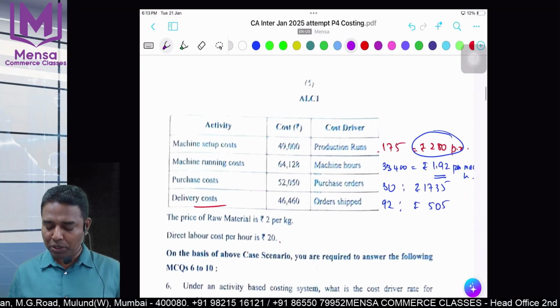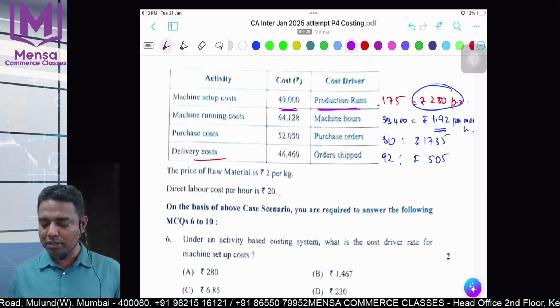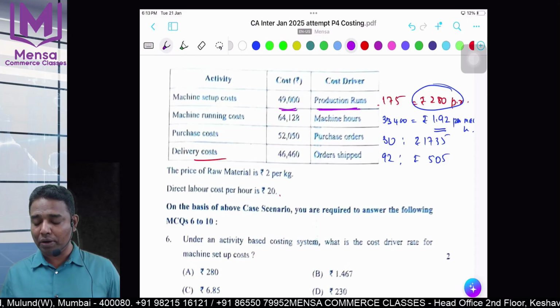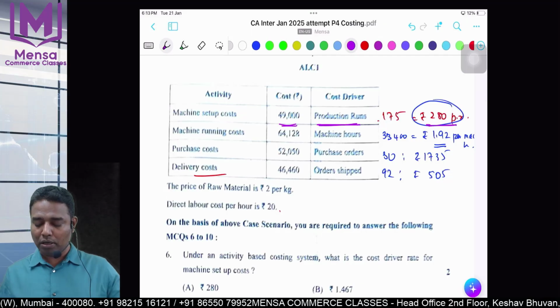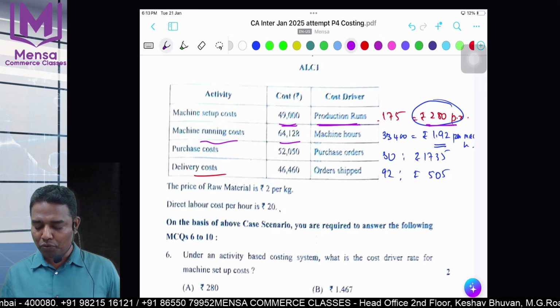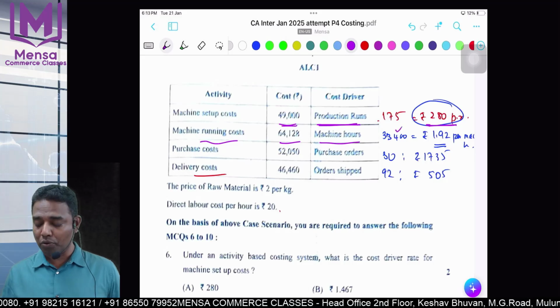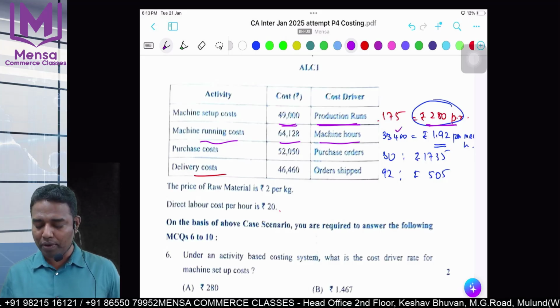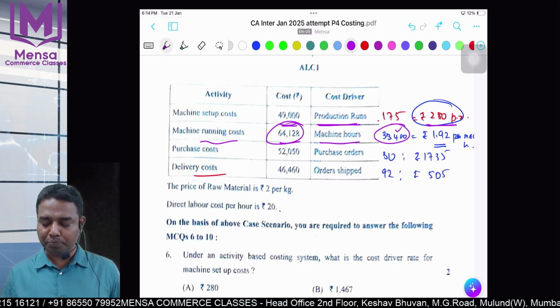So if you see, the machine setup cost is 49,000, cost driver is production run, and we have taken here 175, so we divided, and we got per run 280 rupees. Machine running cost is 64,128 based on machine hours. We have the total 33,400, that is 1.92 if you divide 64,128 by 33,400.